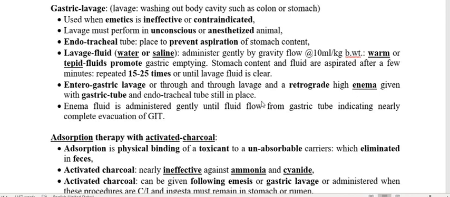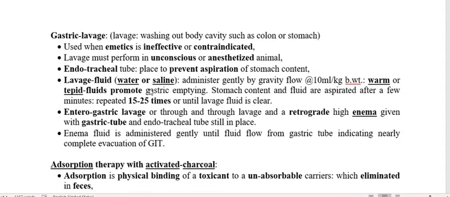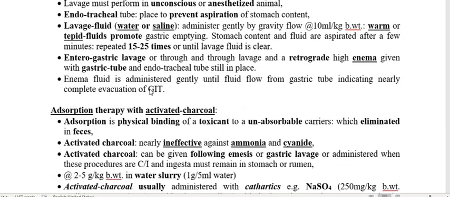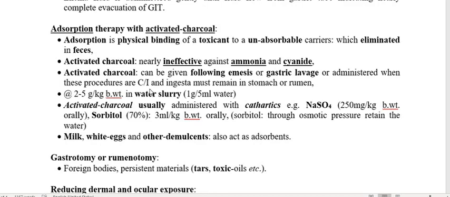And after this gastric lavage, if you think some amount of the toxicant is still in the GI tract, then we have to proceed by another process to remove the toxicant present in the GI tract by giving adsorbents.